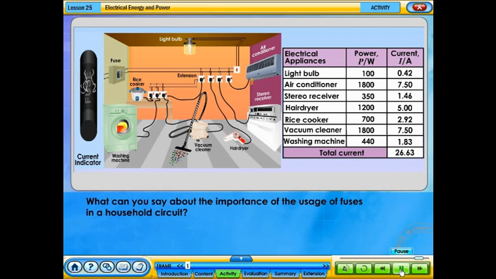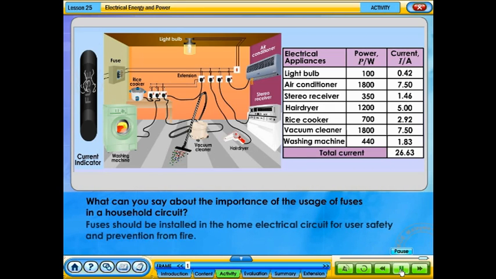What can you say about the importance of the usage of fuses in a household circuit? Fuses should be installed in the home electrical circuit for user safety and prevention from fire.